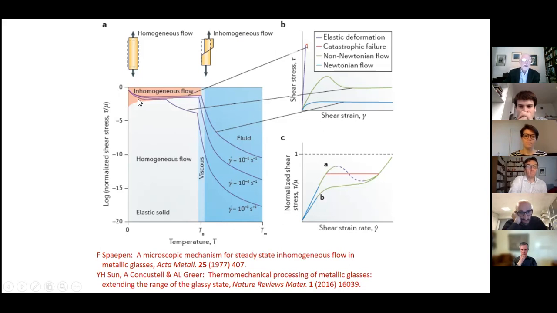Top left, you're dealing with room temperature behavior, high stresses at the yield stress of the solid, and that's where you find the inconvenient truth that the flow in this case, unlike a polycrystalline metal, is not homogeneous, but shows this very sharp concentration of the shear flow into very thin shear bands.